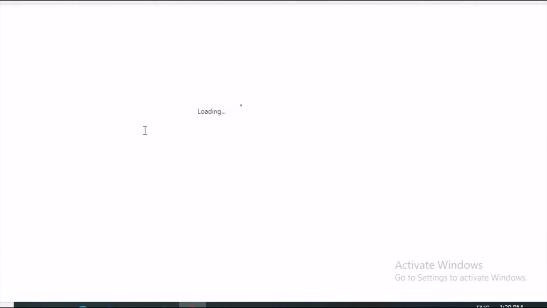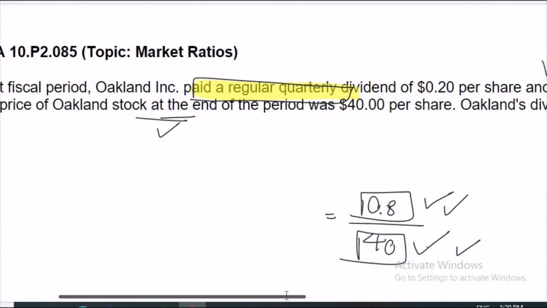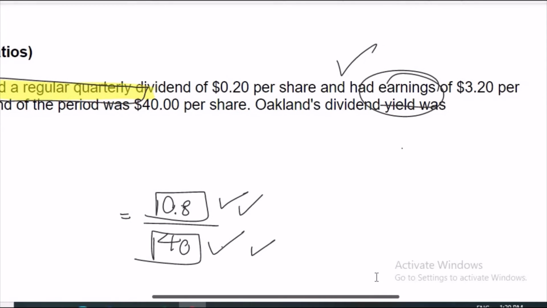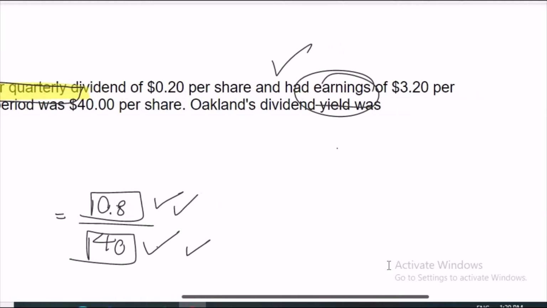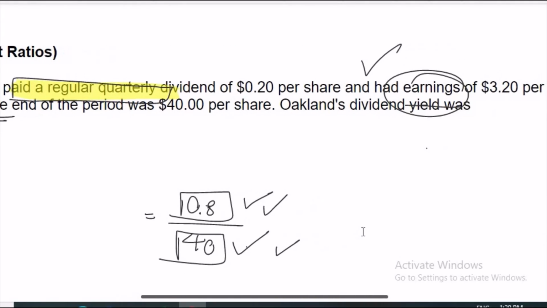So now the dividend yield. This was the most recent financial year. Okala Inc. paid a regular quarterly dividend of $0.20 per share and is earning $3.20 per share. The Okala stock ended at 40 per share.